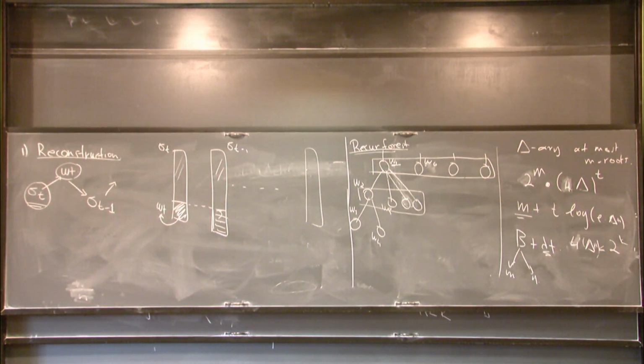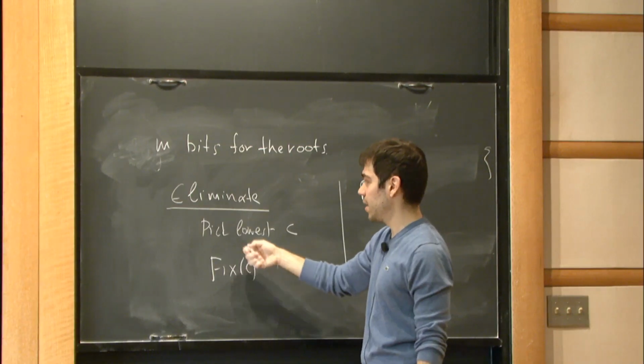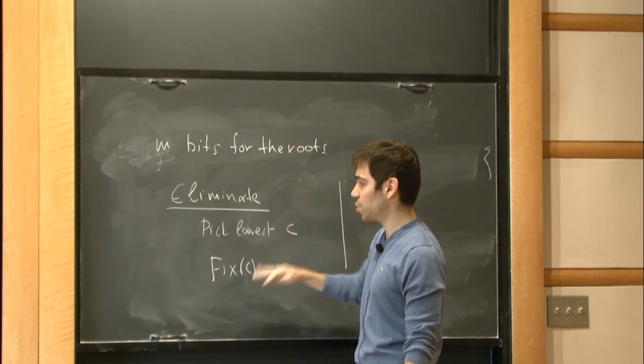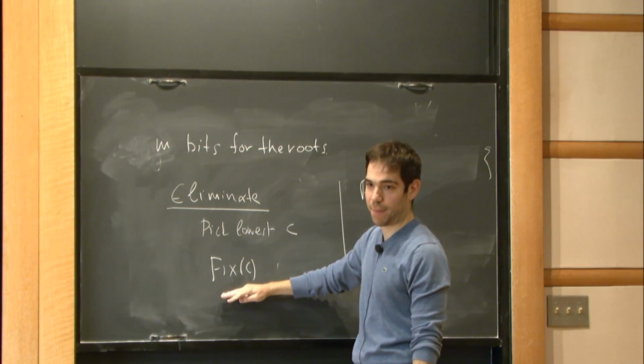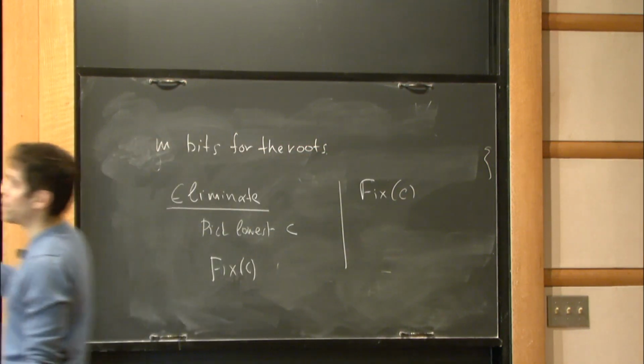The algorithm was something like: you have this eliminate process, you pick the lowest index clause, and then you fix C. So the roots correspond to invocations of the fix procedure from the global procedure. We have one root for each invocation.